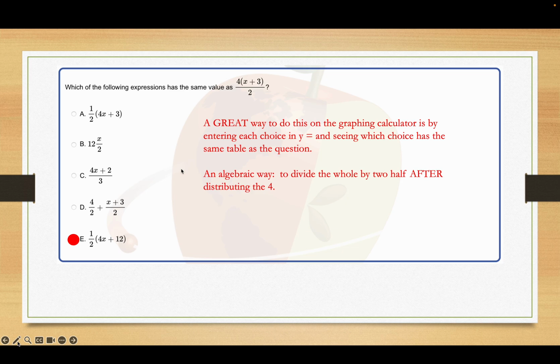And if the two tables look exactly alike, then you'll always have the same value. If you don't want to do it that way, do it algebraically, you can distribute the 4 to both terms and then divide by the 2. And if you do that, remember dividing by 2 is the same thing as multiplying by a half. That's choice E. Distribute the 4 and then multiply by a half.